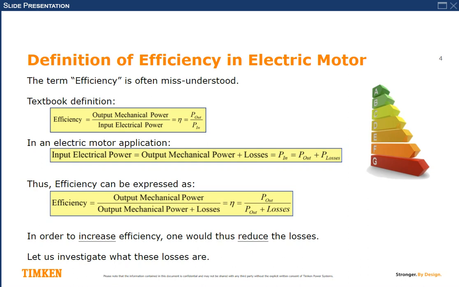And then we can rework our efficiency calculation to see that our efficiency is the output power divided by the output power plus the losses. So we can see in this equation very easily, as the losses increase, the efficiency will decrease. And that's why we're going to look now at the specific losses.